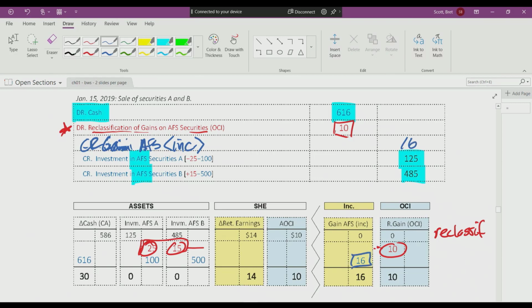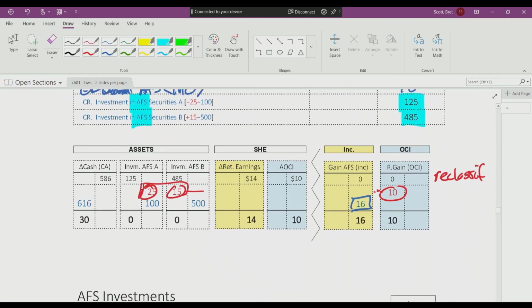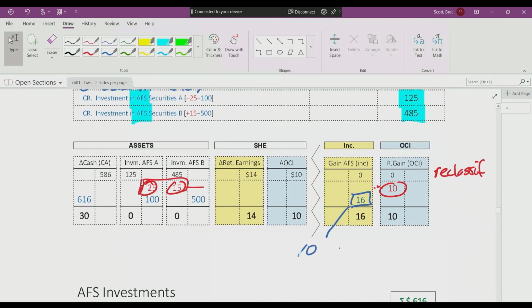Now think about this for a second. We knew at the end of the prior period that there was 10,000 unrealized in gains. And we know from the trading securities example above that the journal entry had another credit of 6 as a realized gain.